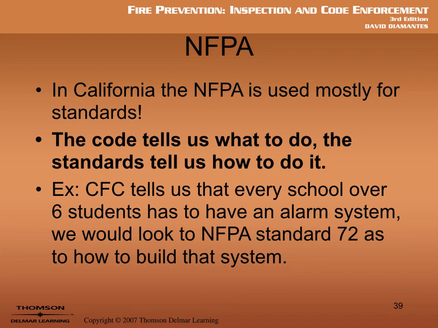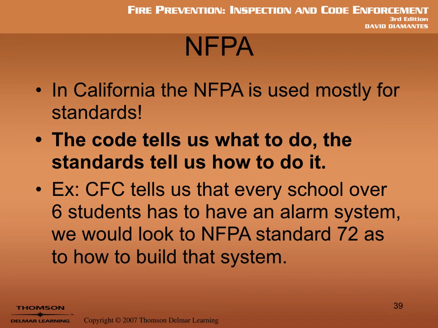NFPA 72 is the alarm standard. NFPA 13 is how to build a sprinkler system. So, very important, the code tells us what to do. The standards tell us how to do it. Now, do the standards have the force of law? Yes, because they're referenced in the law.